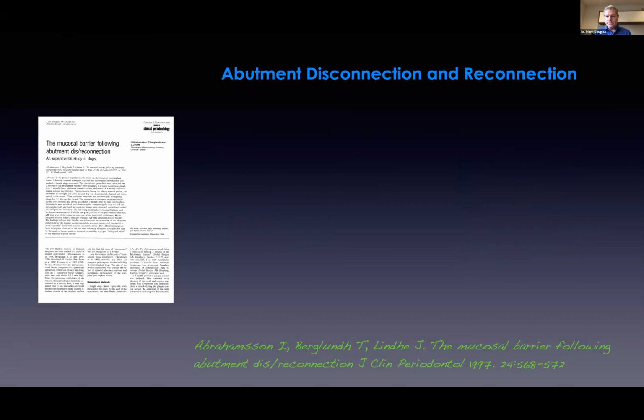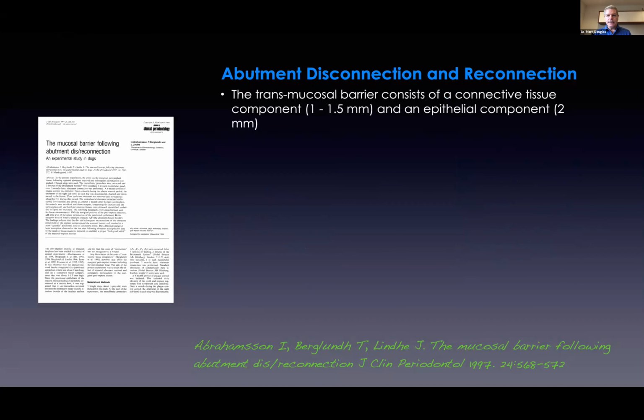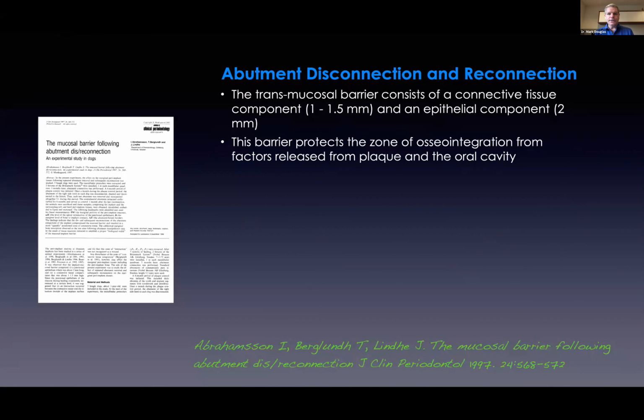Now, this is their conclusions here. The transmucosal barrier consists of a connective tissue component and an epithelial component, of which the connective tissue is about 1 to 1.5 millimeters, and the epithelial component is 2 millimeters. That's biologic width. This barrier protects the zone of osseointegration from factors released from plaque in the oral cavity.